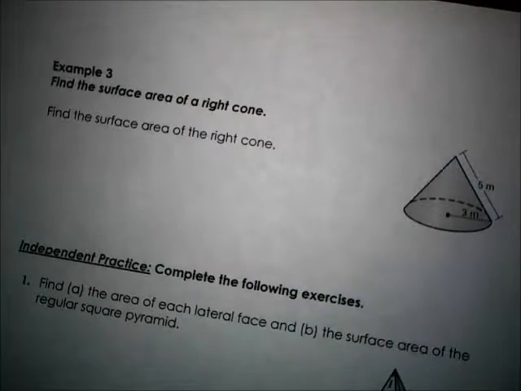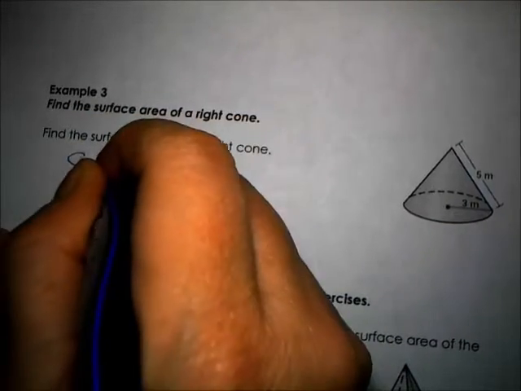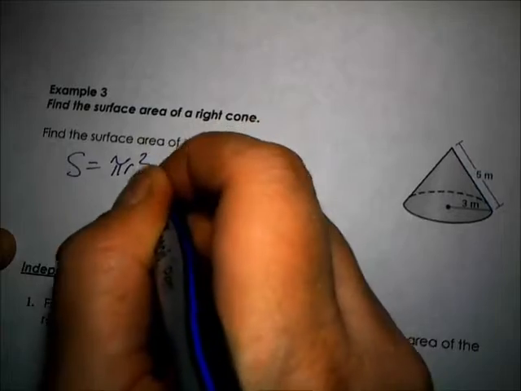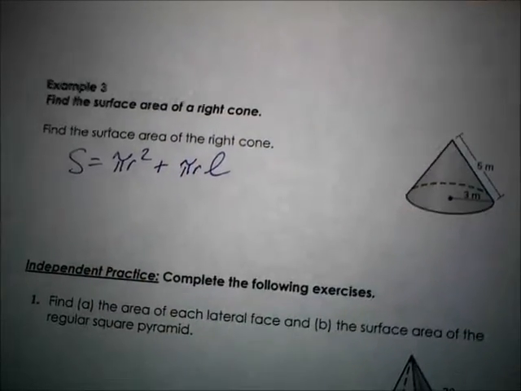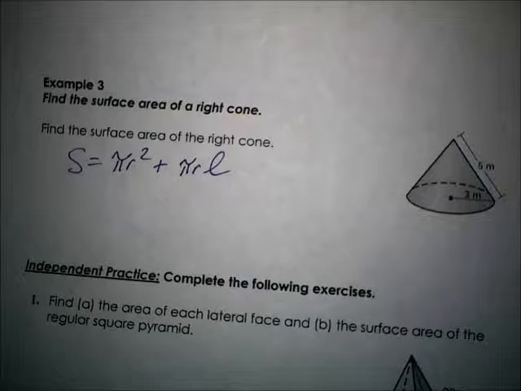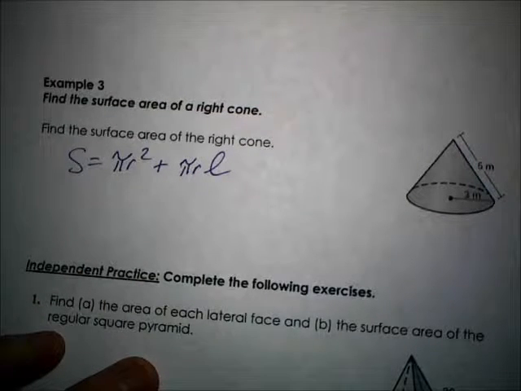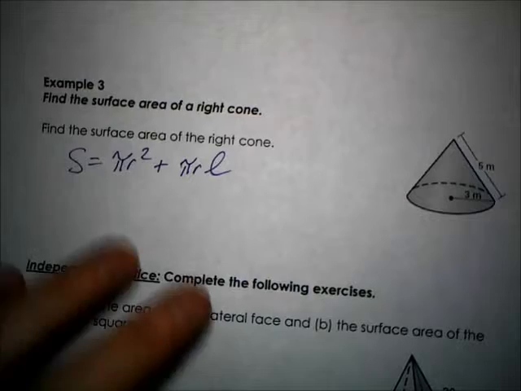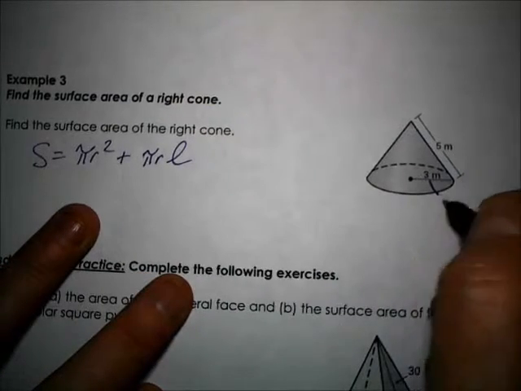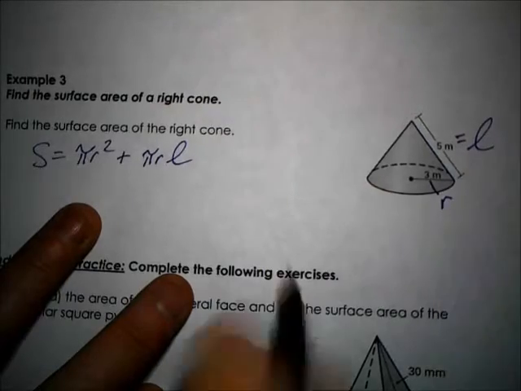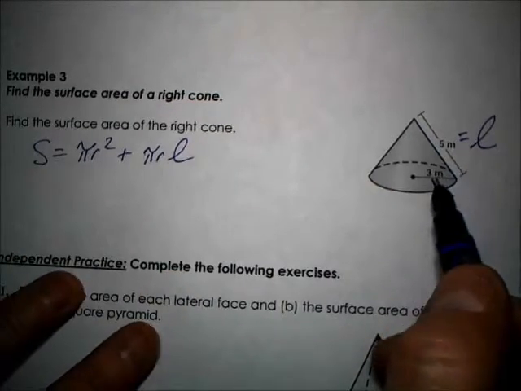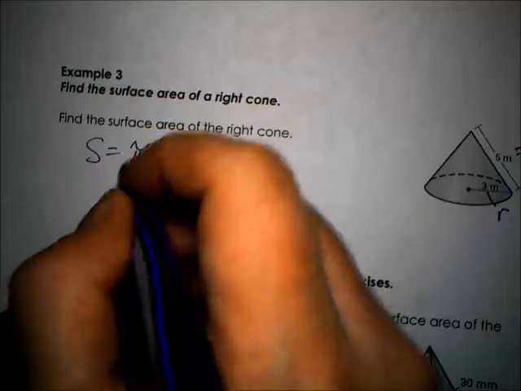All right, example 3 is the cone, which is, I think, the easiest shape that we have. The pyramid can be rather difficult based on what shape the base is. On the cone, I just wrote out the actual formula that we're going to use instead of the modified one. We realize that R, the radius, is 3 and the 5 is my slanted height, so I'm going to plug those two values into my formula.